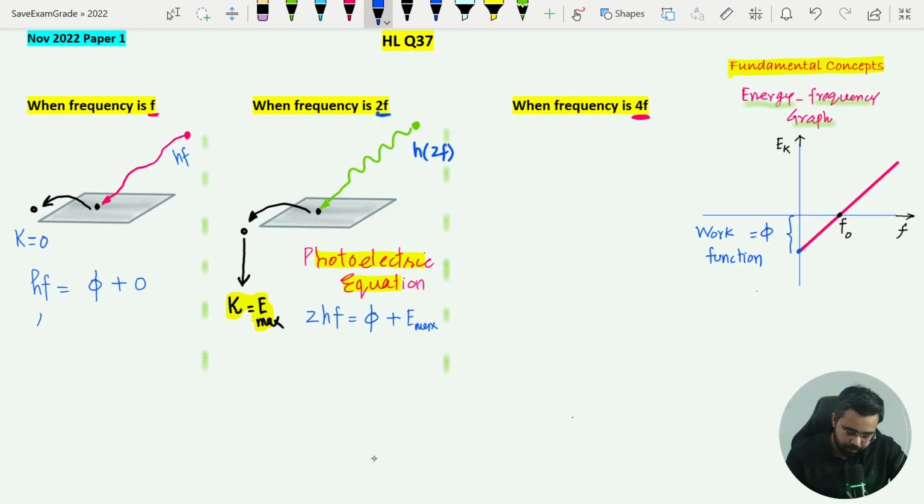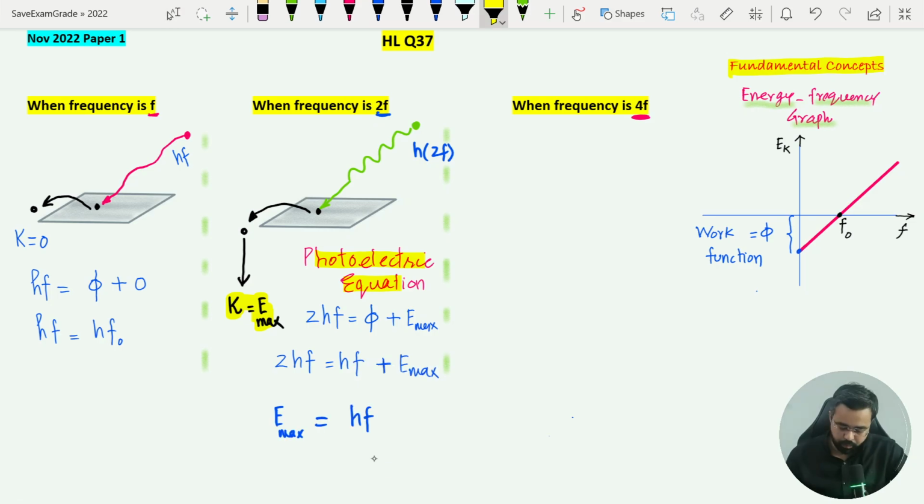In scenario number 1, hf was equal to hf naught. f naught is the threshold frequency, you can see over here. So we can plug the value here. What do you think? 2hf is equal to hf naught plus hf, which means now the kinetic energy of this electron is hf, which according to the question is written as k.